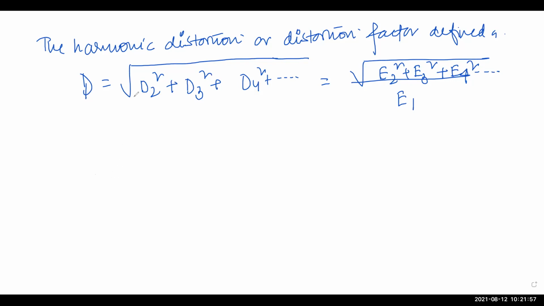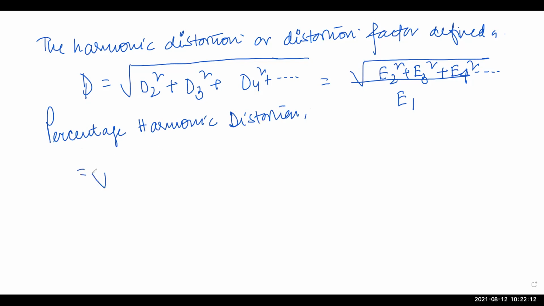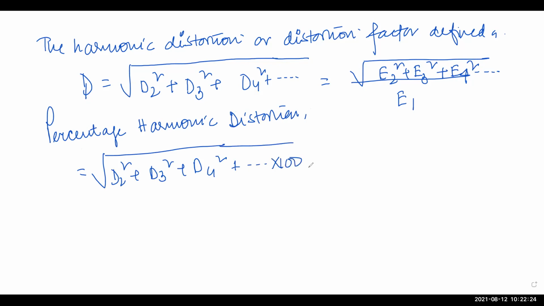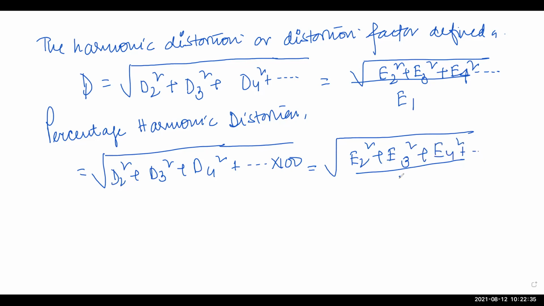So the percentage harmonic distortion will be root over D2 square plus D3 square plus D4 square and so on, multiplied by 100, which equals root over E2 square plus E3 square plus E4 square and so on, divided by E1, into 100.